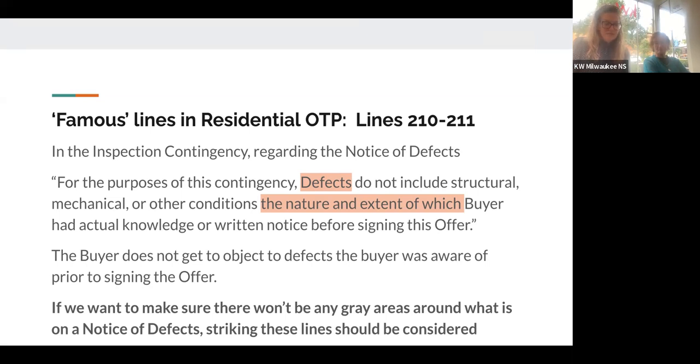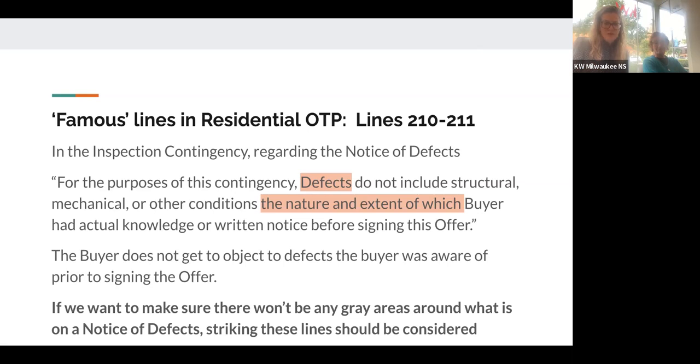But what we're trying to avoid is having that listing agent saying, you knew there was a roof leak, you can't put that on the notice of defects because you knew about it already. So we're just wiping out that gray area. Hopefully this is coming across effectively to you guys. It's just being able to say, we can put this roof leak on here because we struck those lines.